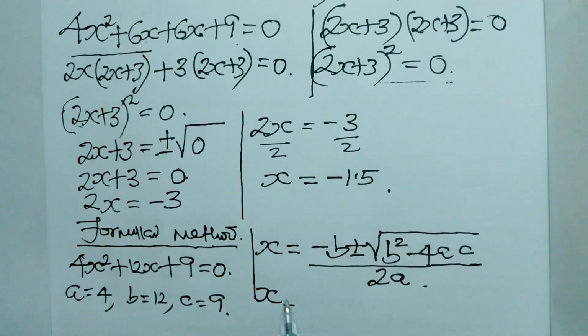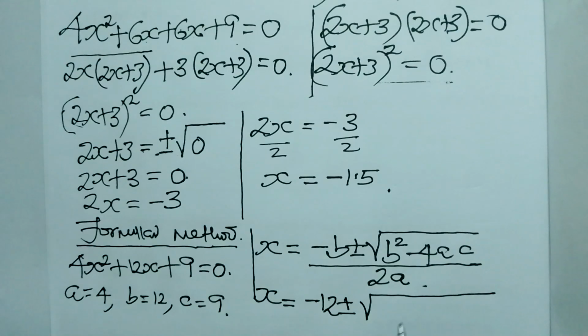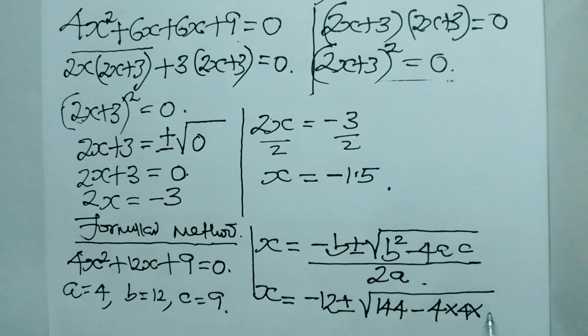Therefore, x will be the same as negative b, negative 12, plus or minus the square root of b squared, 12 squared will be 144, minus 4 multiplied by 4 multiplied by 9, all over 2 multiplied by 4, which is 8.